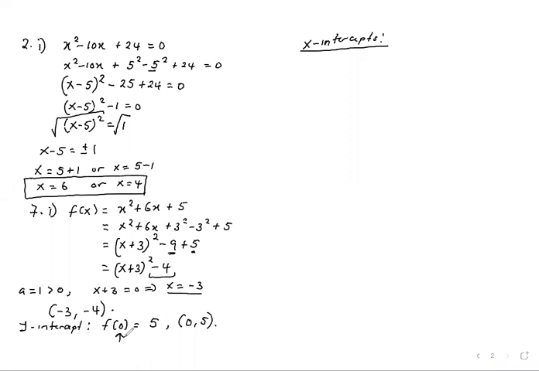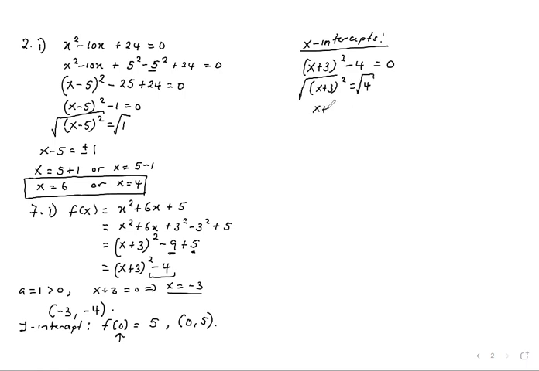Then instead of going back to the original function to look for the x-intercept, after completing the square, you get this thing here equated to 0. So you have x plus 3 squared is equal to 4. This is the point now when you square root both sides.